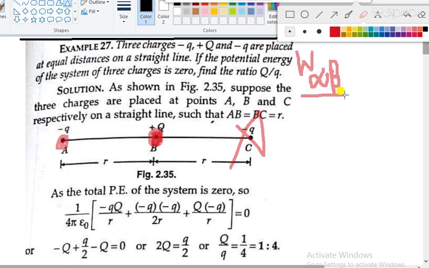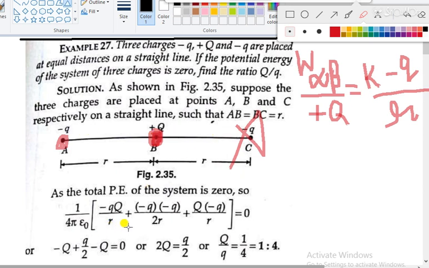This work done for the charge plus q is equal to final potential minus initial potential. Initial potential is 0 at infinity, and final potential is k into minus q, because potential is a scalar quantity, divided by distance r, because the distance between point b and a is r. This is the work done of moving the charge plus q from infinity to point b.